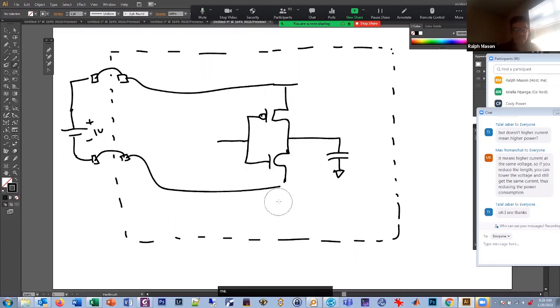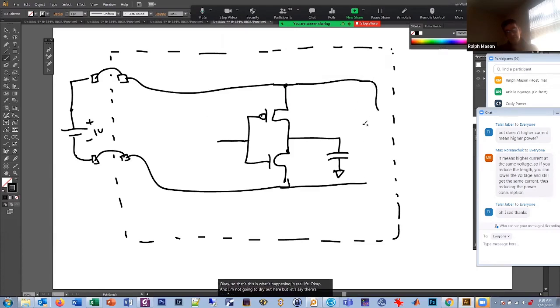Let's get rid of that. Okay, so this is what's happening in real life, okay? And I'm not going to draw it here, but let's say there's another inverter over here. And it's got a power supply connected over.